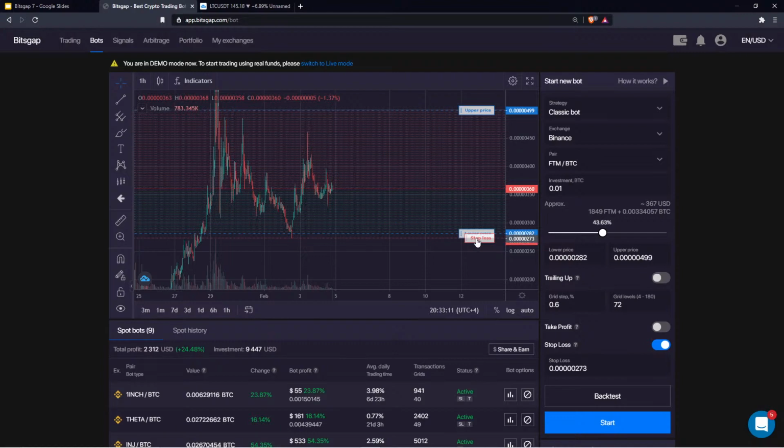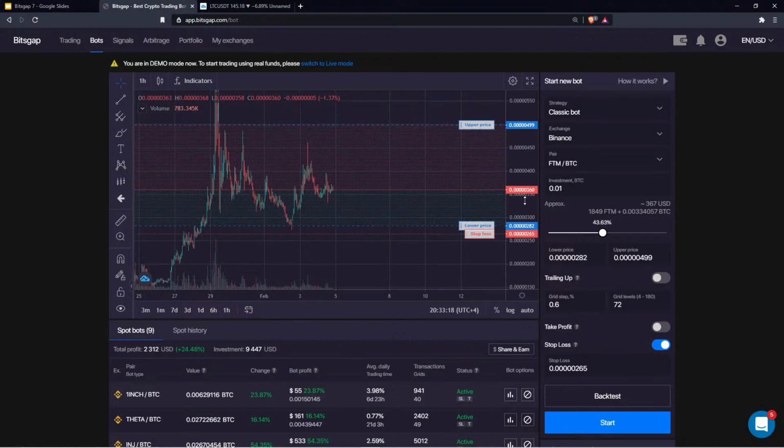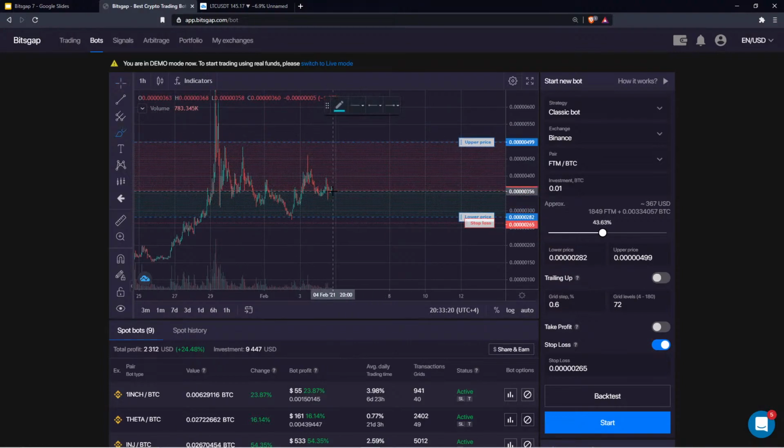Notice that it automatically plots the stop loss below the trading range, but you can actually drag the line lower. So let's say if the price falls and fails to revert, but instead continues to fall further, then at least our risk is under control.